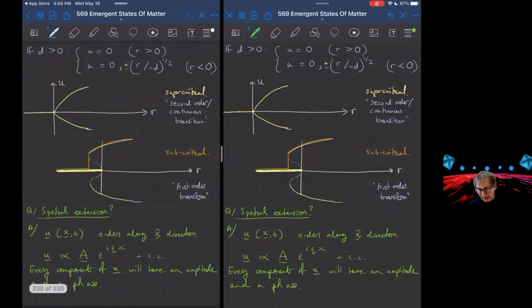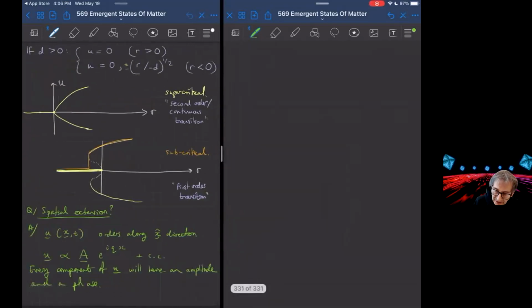So what we would expect is that we would write the x component u, we'll call it the scalar u, as some amplitude, absolute value of a, times e to the i q x plus i phi, plus complex conjugate. And this phase phi is important because it is in fact a variable that is relevant to the translational invariance of the system.